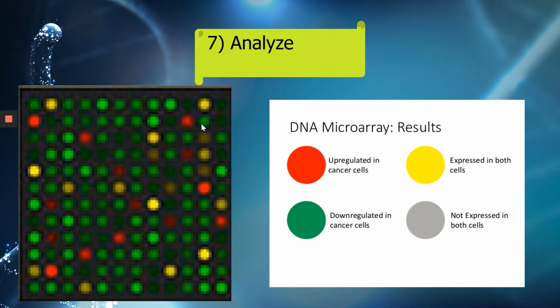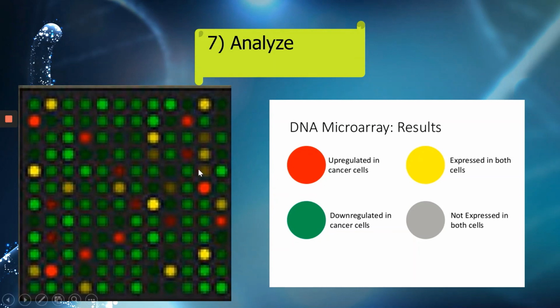The red dot is upregulated in gray hair. The green one is downregulated in gray hair. The yellow dot is expressed in both gray hair and black hair. The black one is not expressed in both cells.